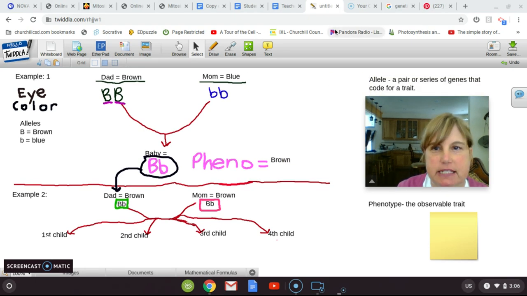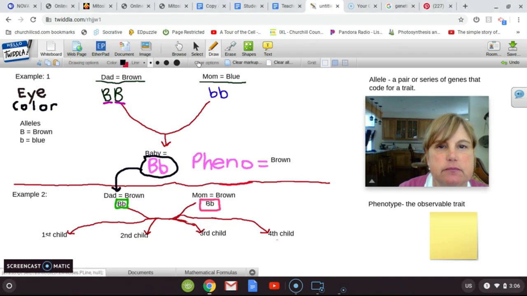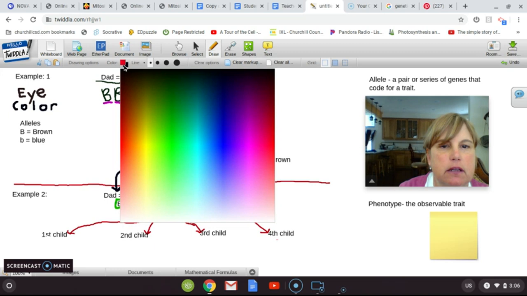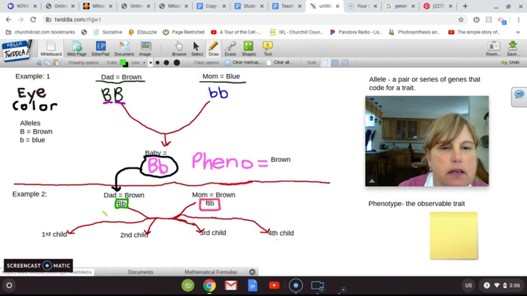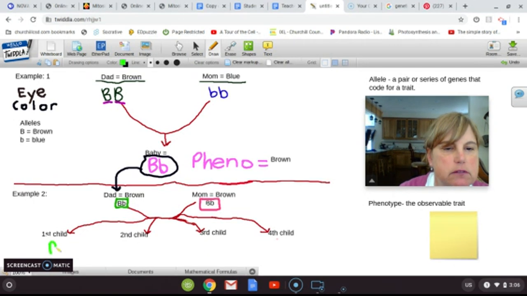So we're going to take a look and see what they donate to each one. So let's take a look at what they do get. I'm going to do green. Dad right here is going to donate a capital B to the first child, and a capital B to the second child.